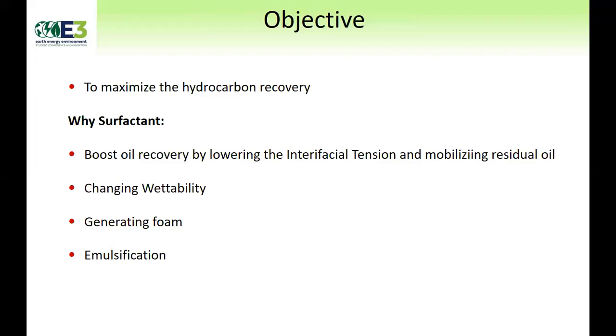Now, what do we want to do and why do we want to look into surfactants? The reason is to maximize the hydrocarbon recovery. Why surfactants? Surfactant has an ability to generate foam. It also boosts our recovery with low interfacial tension and mobilizes the residual oil.